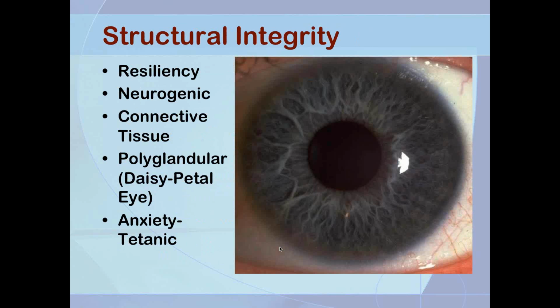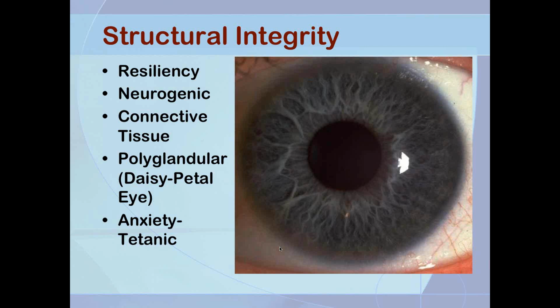So we've covered the major constitutional types and subtypes. Now we're going to look at a second aspect of basic constitutional iridology, and that is the idea of structural integrity or resiliency. This is basically the density and tightness and the weave of the iris fibers themselves, which tells us a lot about the inherent structural strength of the body genetically.